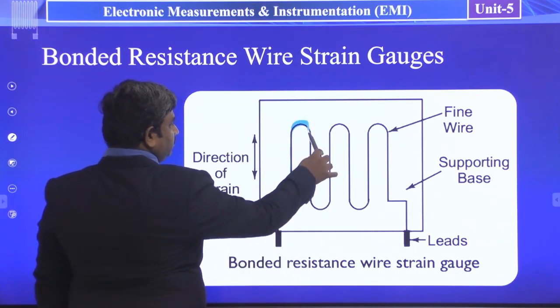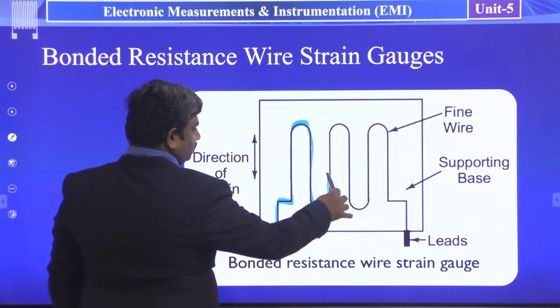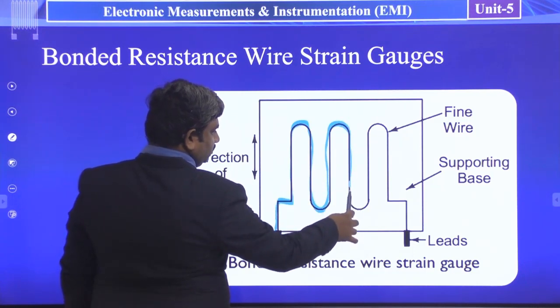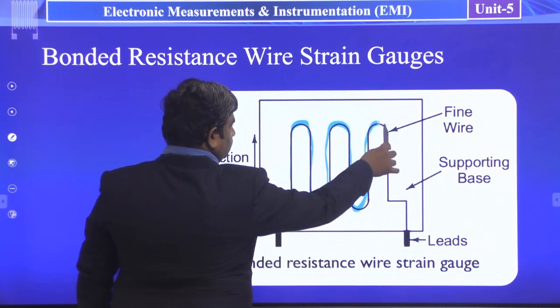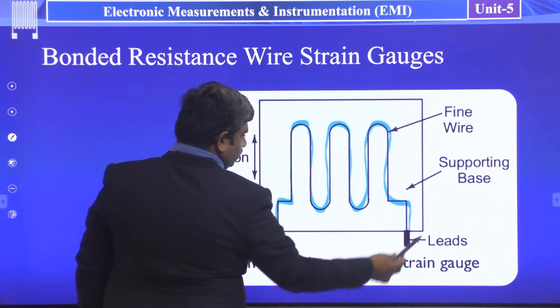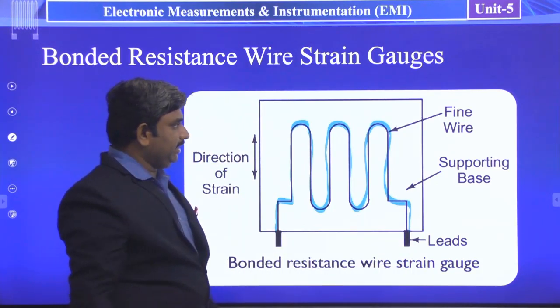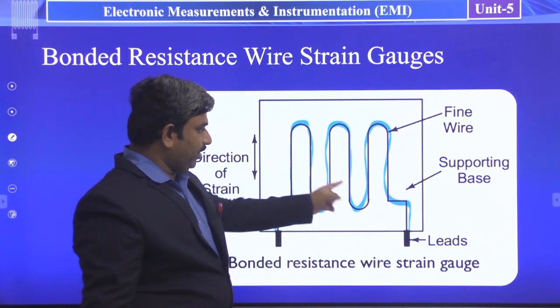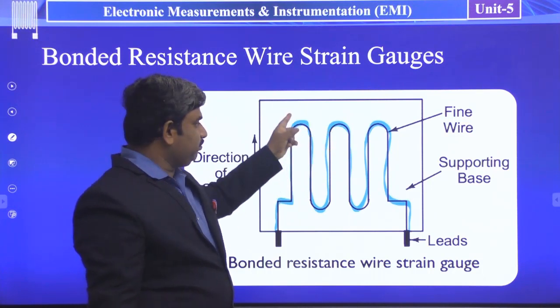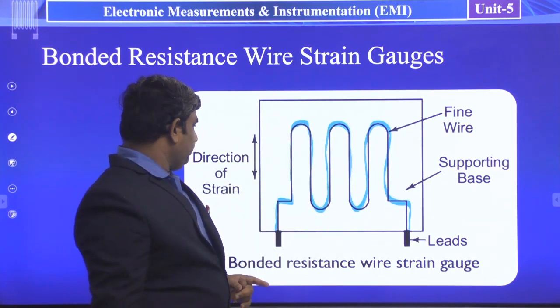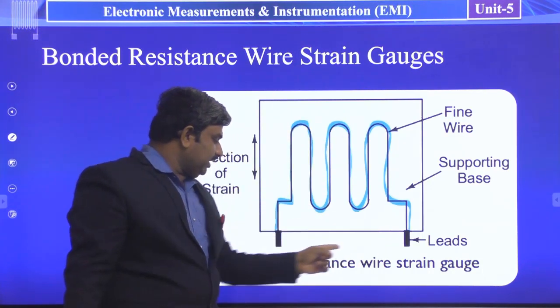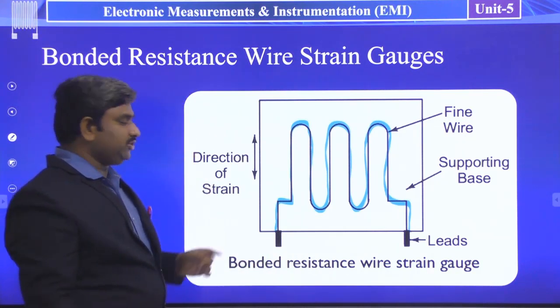This is the wire we have fabricated on a material. So this is called fine wire, and the background box is nothing but a supporting base, and these are the electrical leads, and this is the direction of strain.